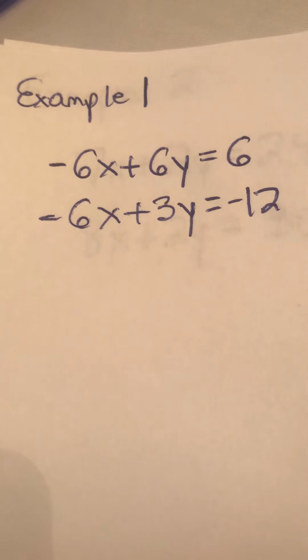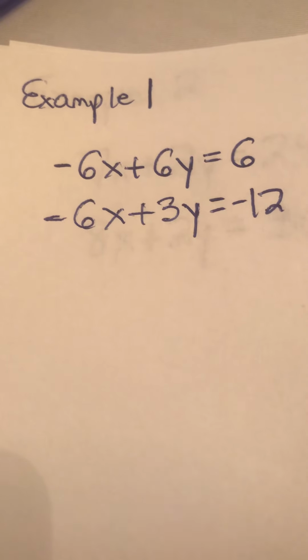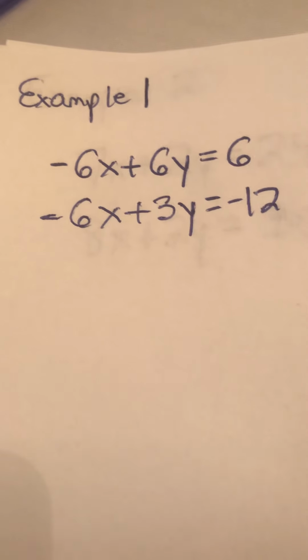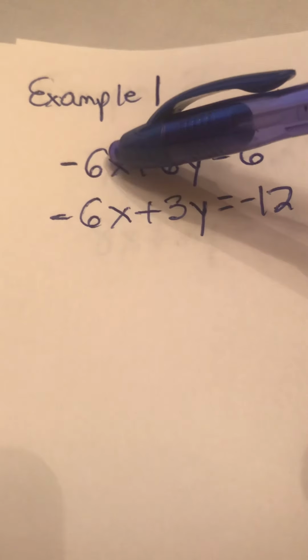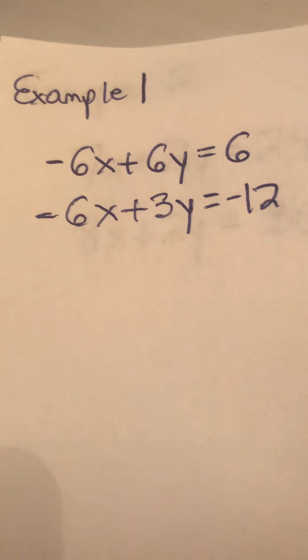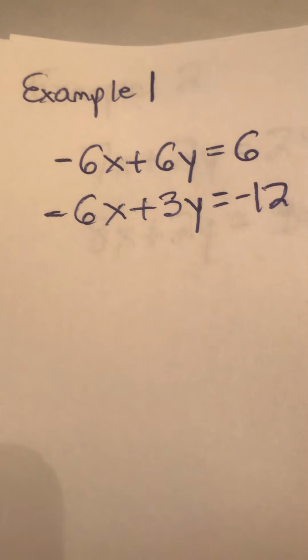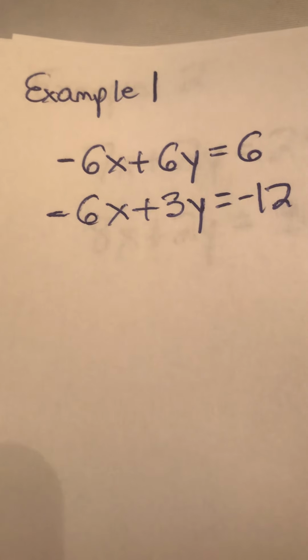and we want to see what operation we can do to eliminate a variable. Okay, so it looks like these coefficients are the same, -6 and -6. So what we can essentially do is eliminate. But I want to go ahead and get the opposite coefficient.